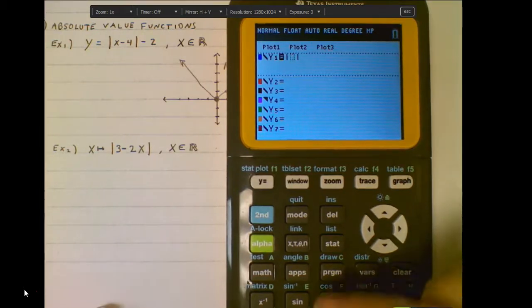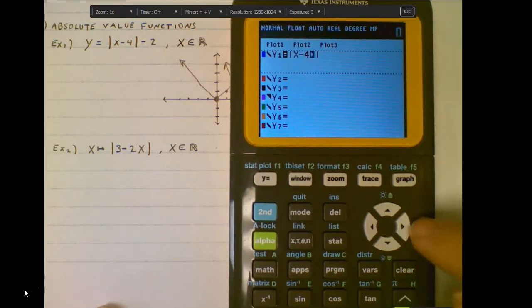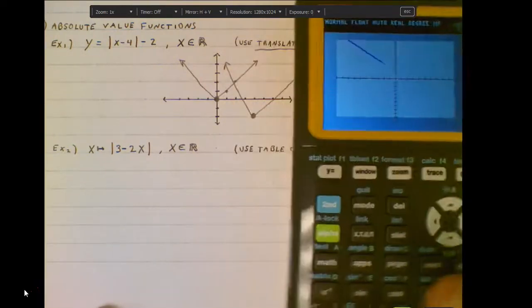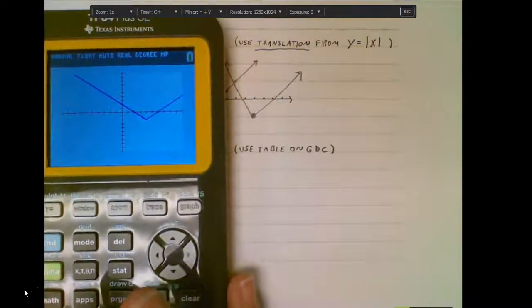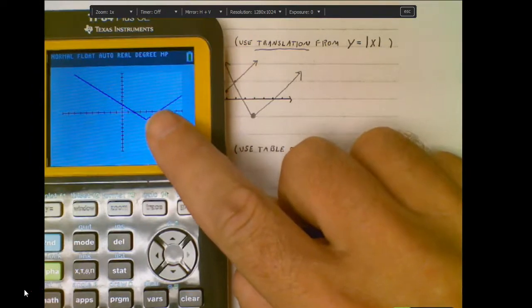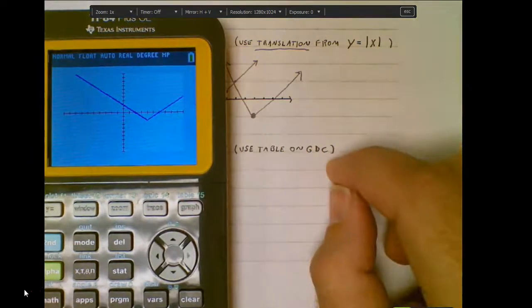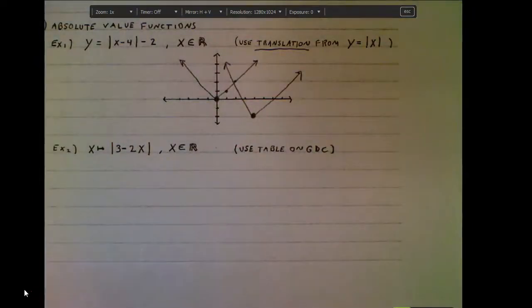Now I can put in my x minus 4, and I'm going to hit right so that I can get out of the bars to throw in my minus 2. And there's the graph, and if I hit graph, you'll see that I'm getting the same one on the screen that we did by hand. You can see it was shifted to the right 4 and down 2, just like we expected. So that's another way of being able to look at a graph like that.